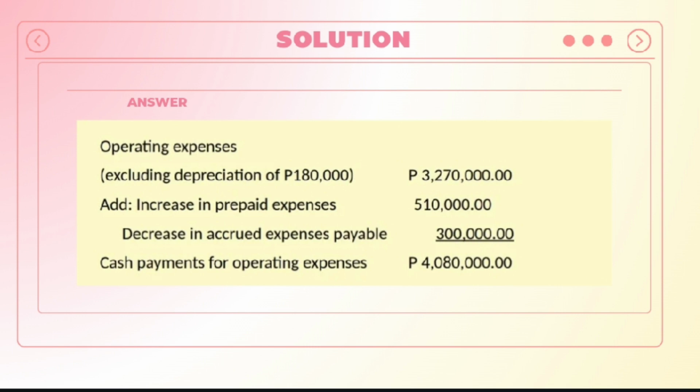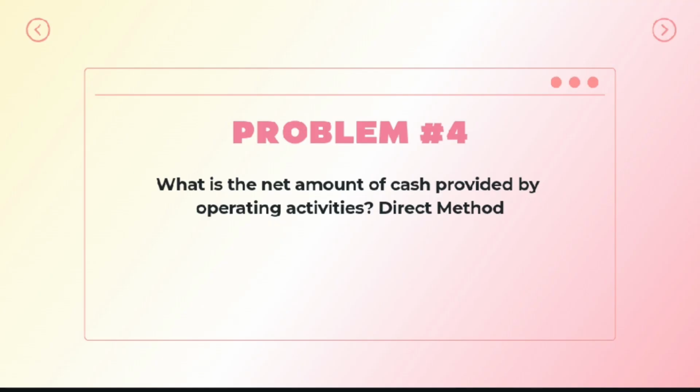So 3,270,000, that is operating expenses, plus 510,000, that is increase in prepaid expenses, plus 300,000, that is decrease in accrued expenses payable, the total is 4,080,000. So therefore, the total amount of cash paid for operating expense during the year is 4,080,000.